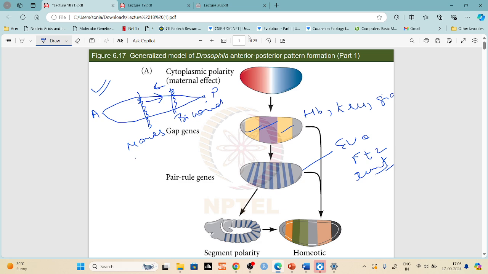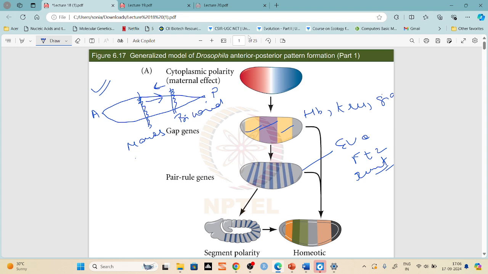Now, understand, gap genes regulate the expression of the downstream genes. So what is the next downstream gene of gap gene? Pair rule genes. So in an immediate manner, gap genes regulate the expression of pair rule genes.